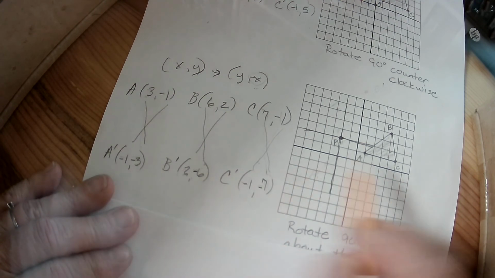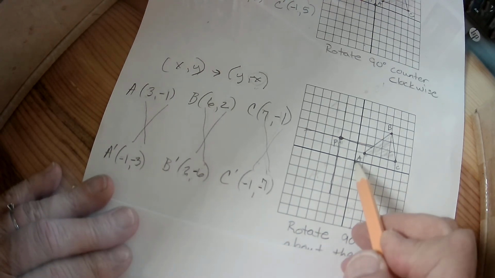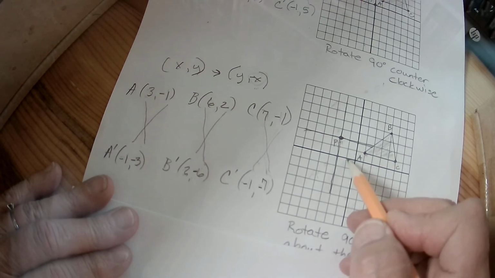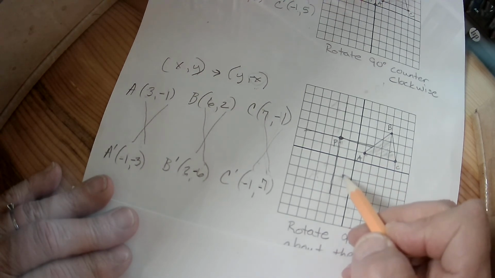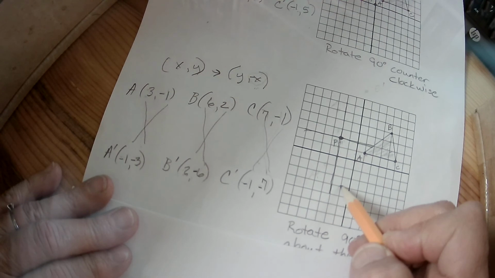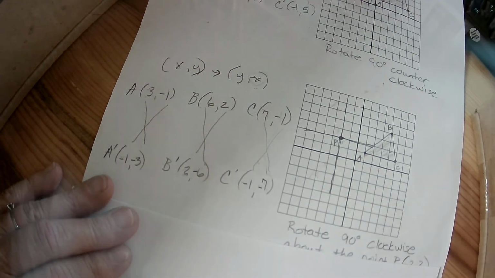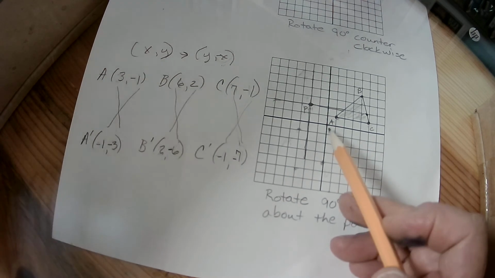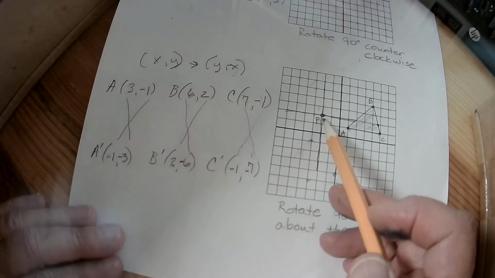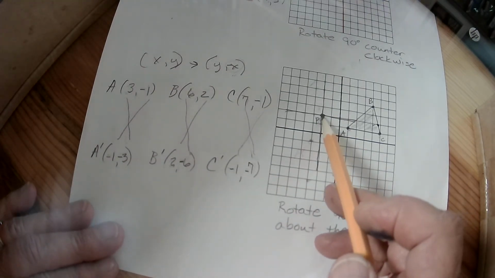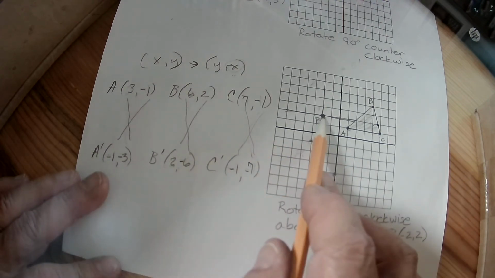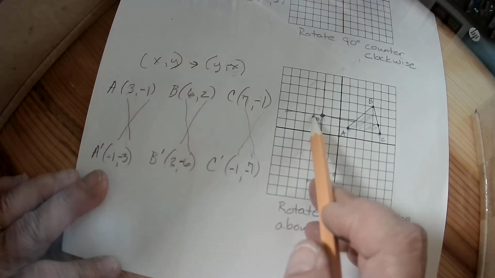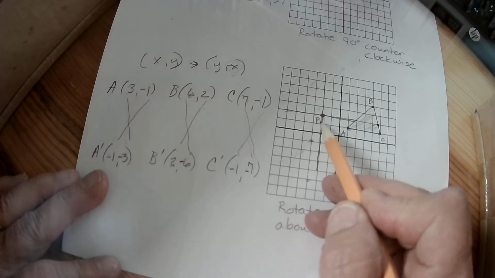And I'm going to go back to the origin. Whoops, sorry. We're not going to go back to the original origin, because remember, this is our new origin. So if this is the new origin, we're going to plot this point. A prime is at -1, -3.